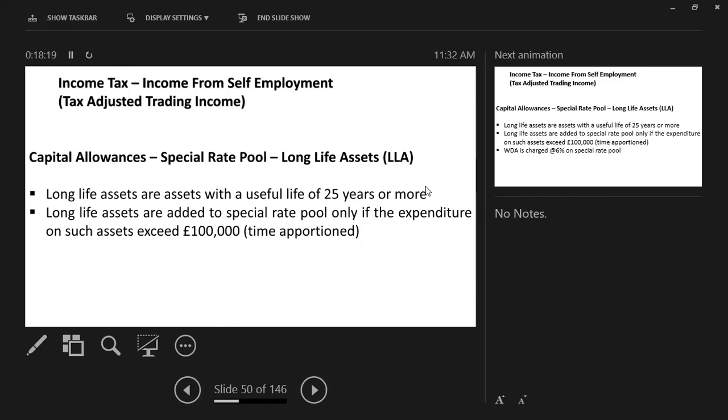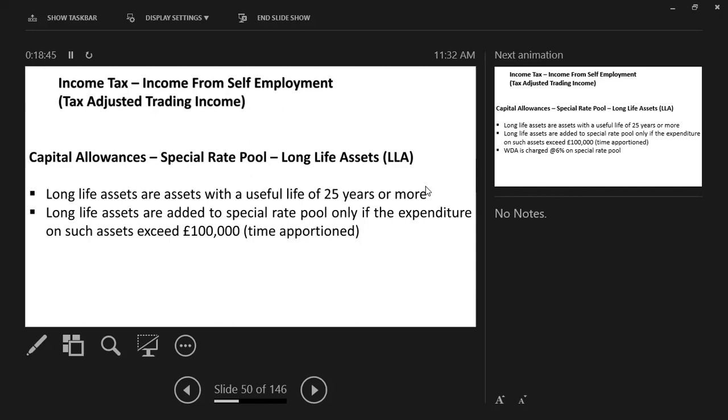These are the two requirements of long life assets. Both should be there. Even if one requirement is not met, we will not categorize it as a long life asset.